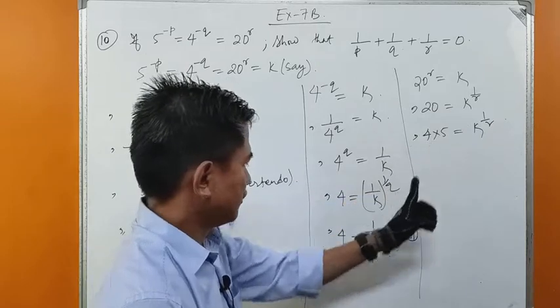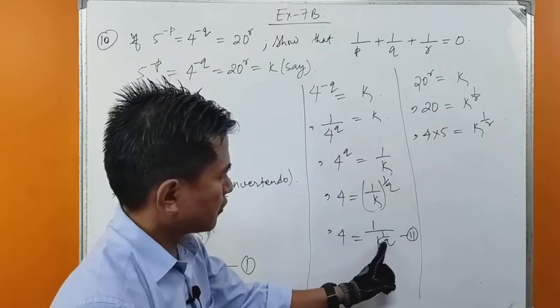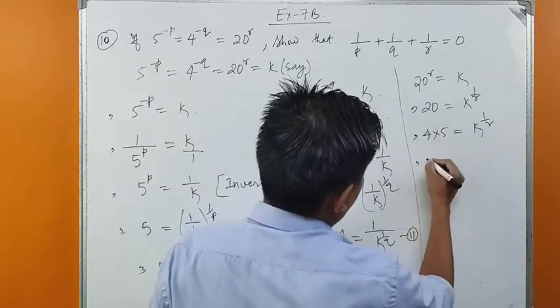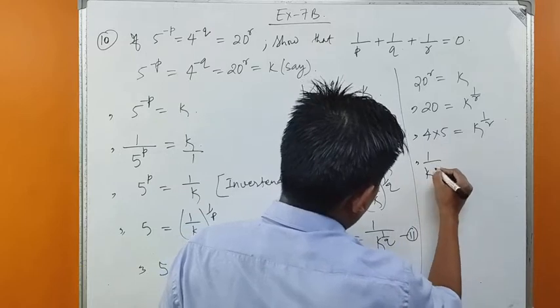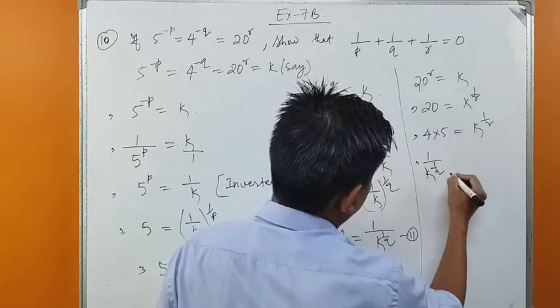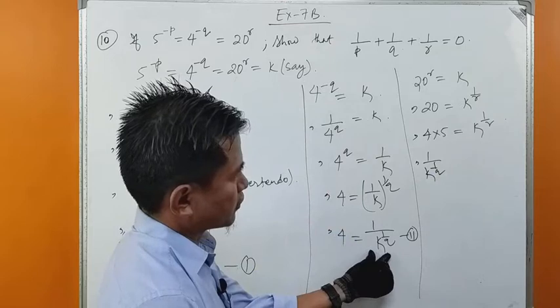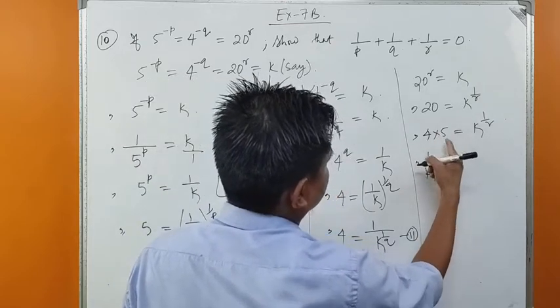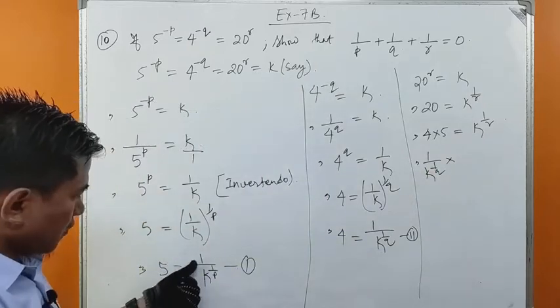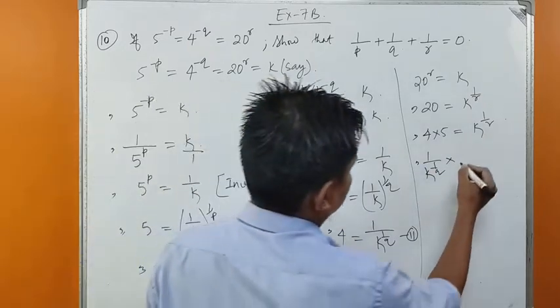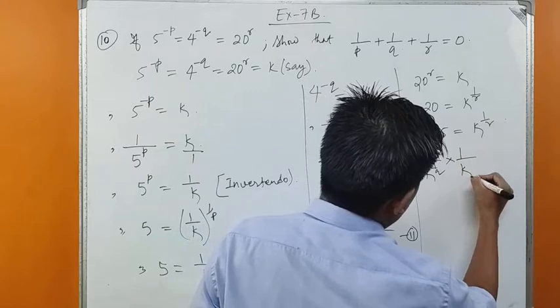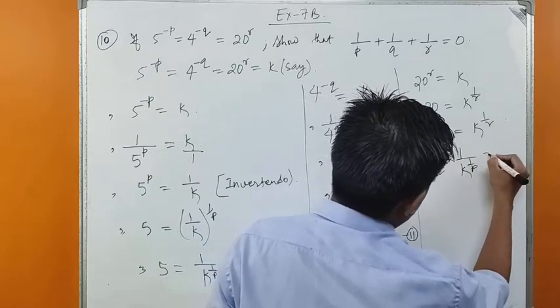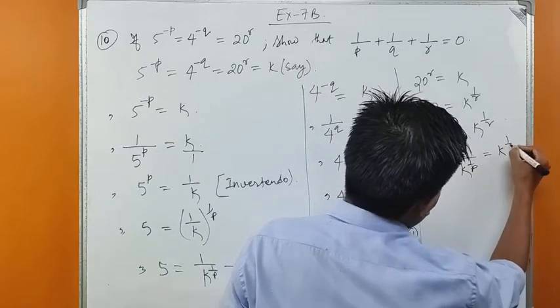So 4 means 1 upon k to the power 1 upon q, this is 4 from equation 2. Into 5, which means 1 upon k to the power 1 upon p, equals k to the power 1 upon r.